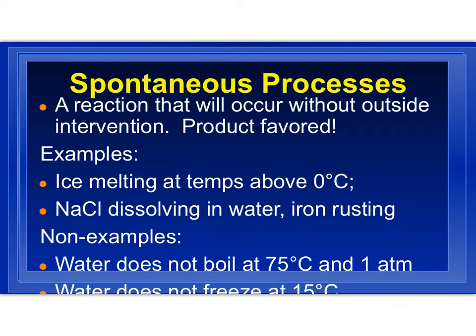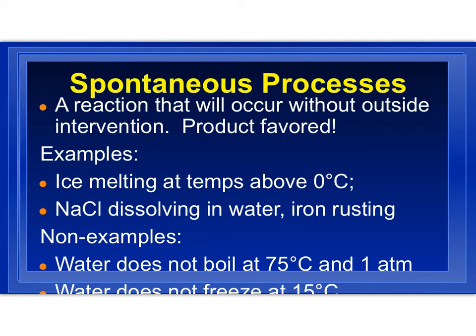So a spontaneous process is one that will occur without outside intervention. It means that the reaction is product favored. It basically means that anything that takes place without you adjusting or affecting variables is considered spontaneous.